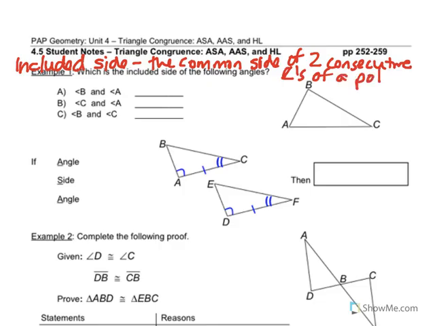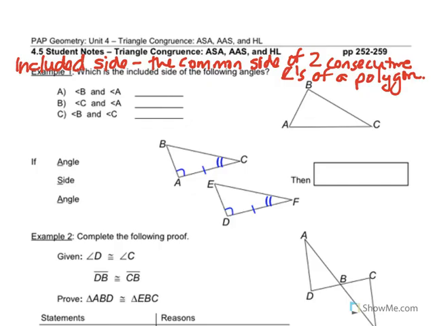So again, like before, it doesn't necessarily have to just be for triangles. This definition is the same for all polygons, but of course we're looking at triangles in this unit. So let's just take a look at the example here.